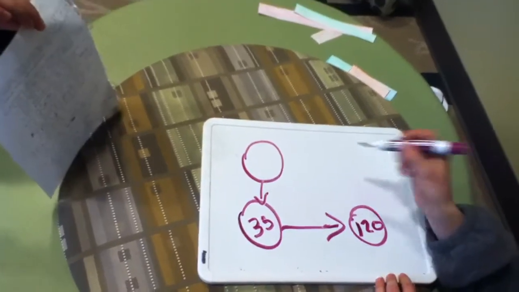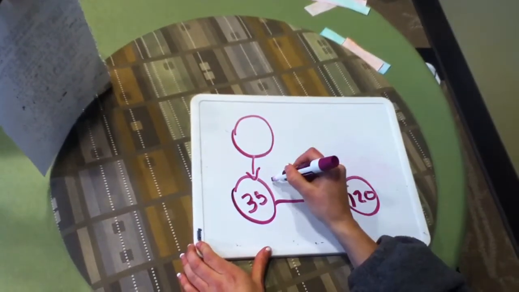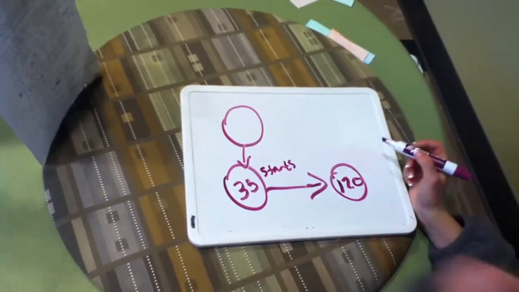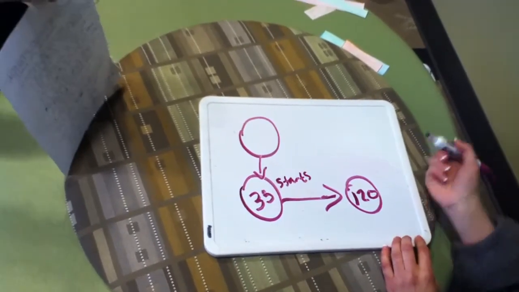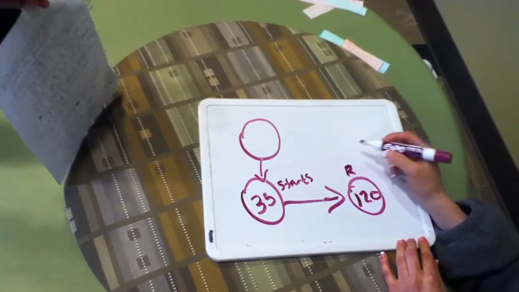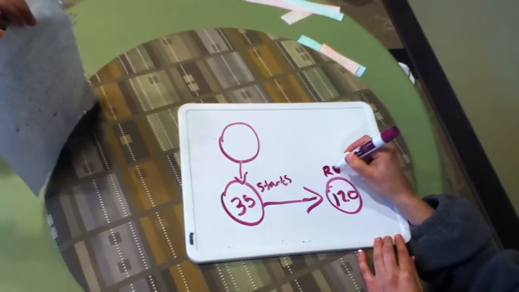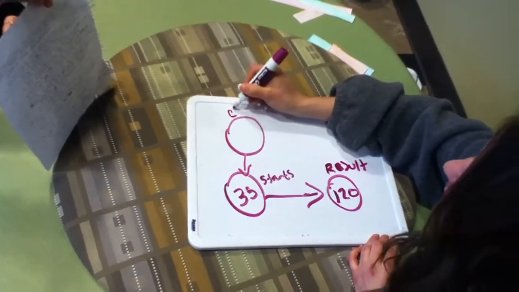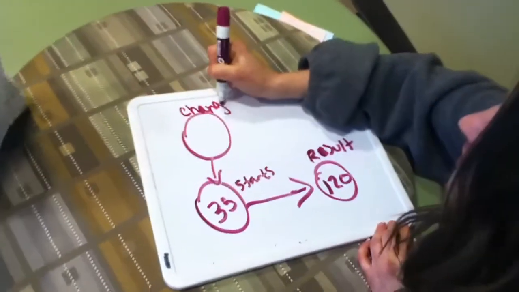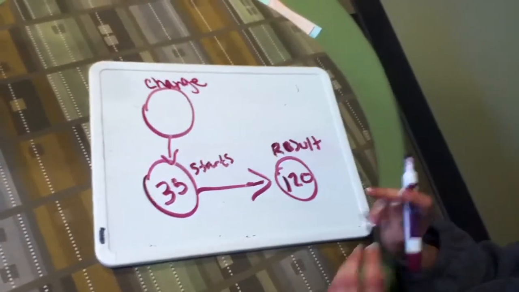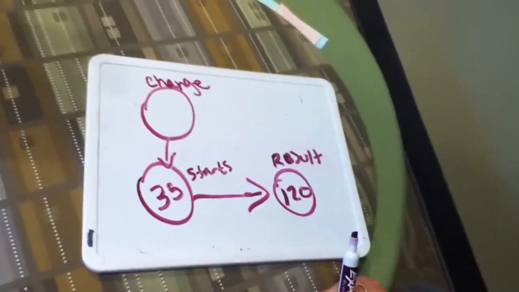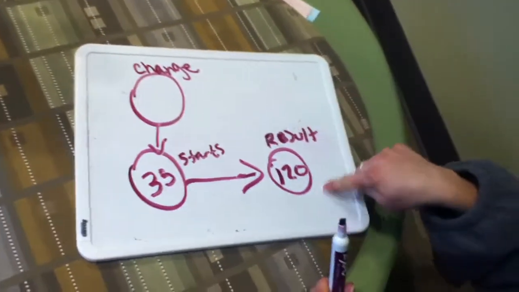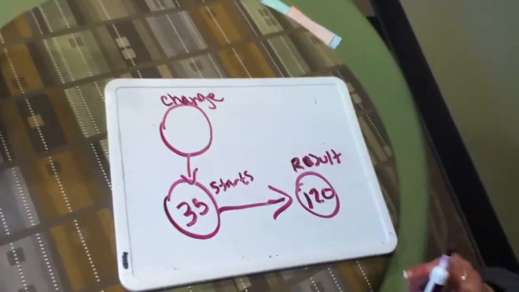The 35 represents what she started with, and the 120 represents what her result was at the end. Now, this part would be called the change because it is what Cody gave her that made her have 120 cards all together at the end.